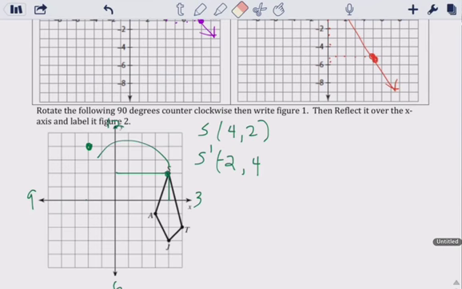Alright? So counterclockwise is y negative, like that. A is 3, negative 1, so A prime is negative 1, 3.